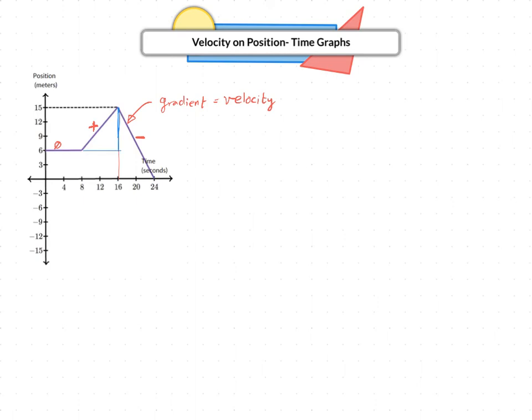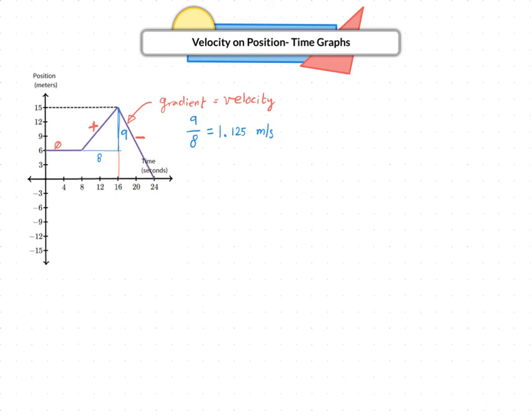So we're looking at how much does the graph rise, or how much do we go up, which is 9. And then from 8 to 16 seconds, that's a value of 8 seconds. And hopefully you'll notice that's actually kind of the same thing we've been doing. So 9 over 8, well, that's 9 meters position change divided by 8 seconds time change, distance over time. That's 1.125 meters per second.